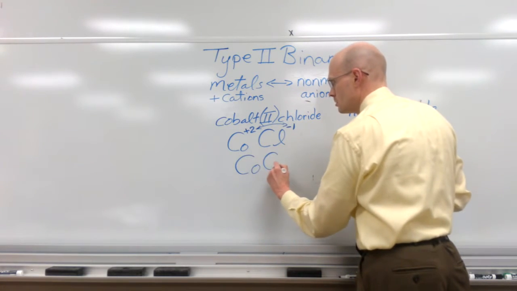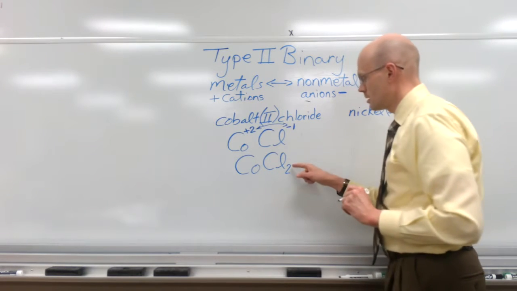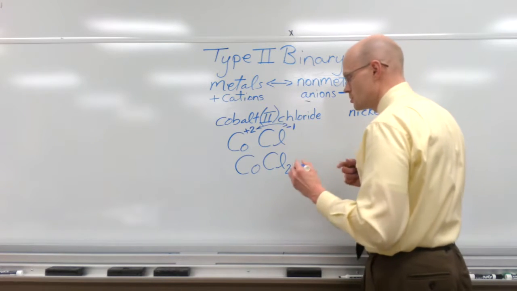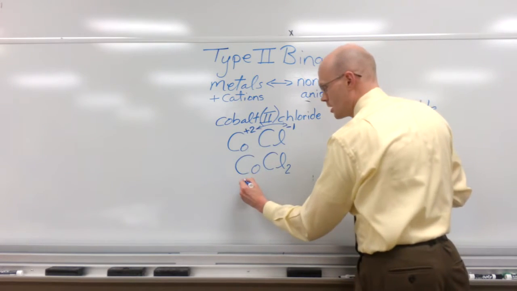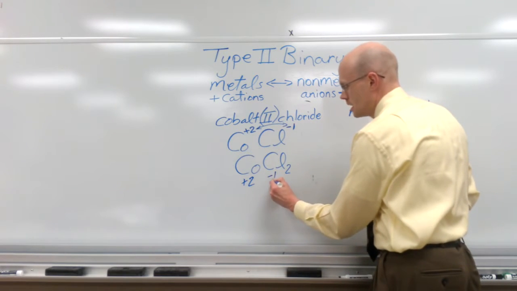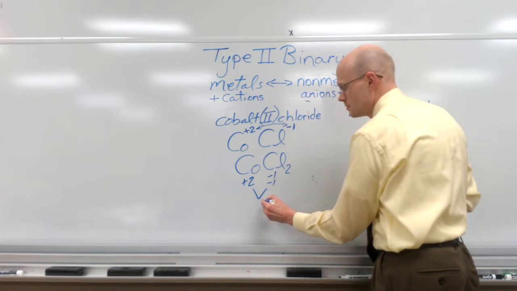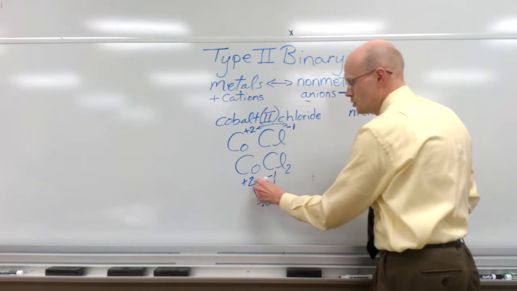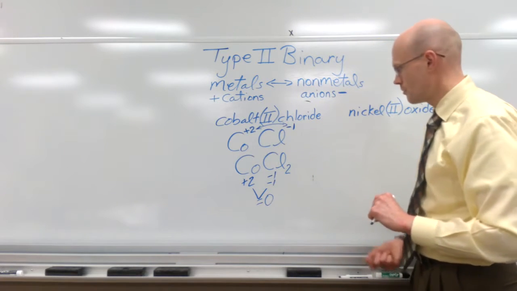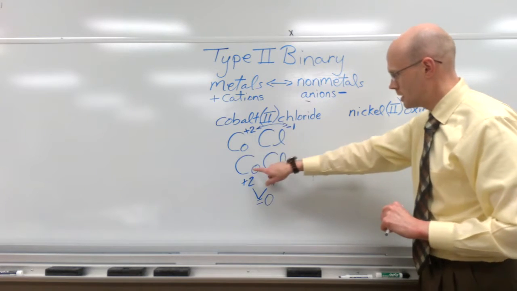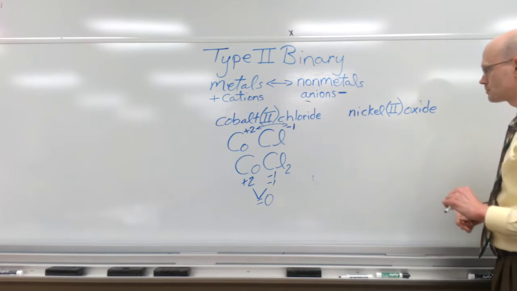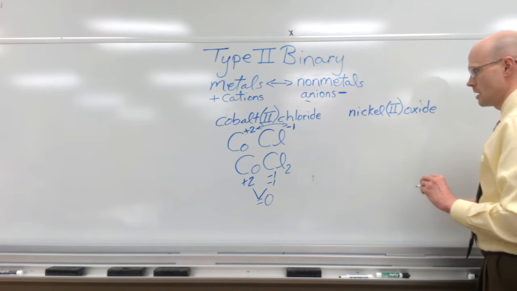Cobalt, chloride, and 2 right here. To check ourselves, to make sure it's charge neutral, our cobalt is carrying a +2 charge. We have two chloride ions, each one with a -1 charge. 2 minus 2 equals 0. That's charge neutral. So cobalt 2 chloride is CoCl2.